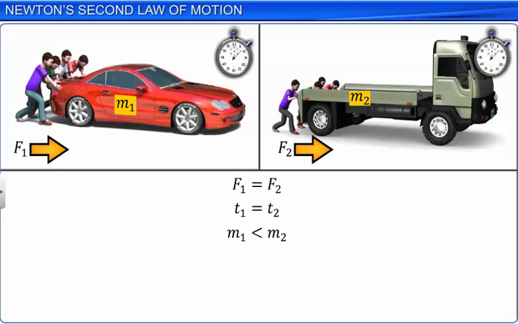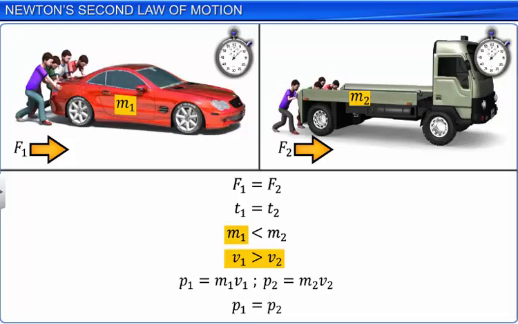Therefore, the momentum acquired is also the same even though the mass of the car and the truck is different. Hence, a body of lesser mass moves with greater velocity compared to a body of greater mass, but the product of the mass and its velocity remains the same in both cases.